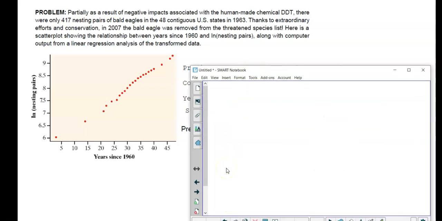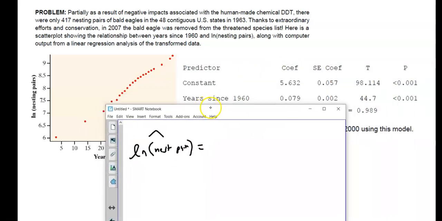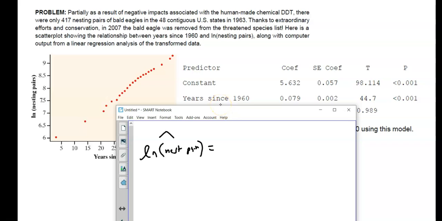So we start with the predicted y value, which would be the natural log of nesting pairs equals the y-intercept, which is 5.632.